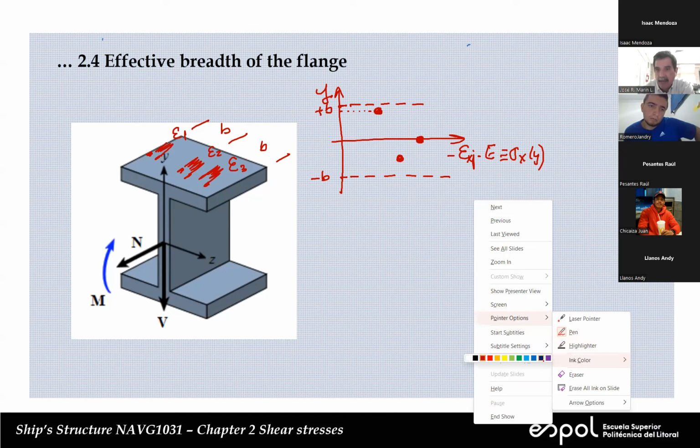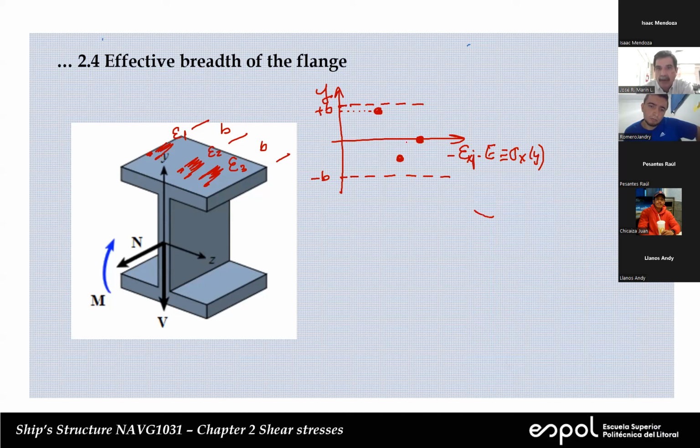Well, what we have to do is complete this information. We're going to assume that this is symmetric, and on this side here, we assume it is symmetric too. So we don't know these two values, and we assume that they're symmetric. Now we can try to make an approximation.